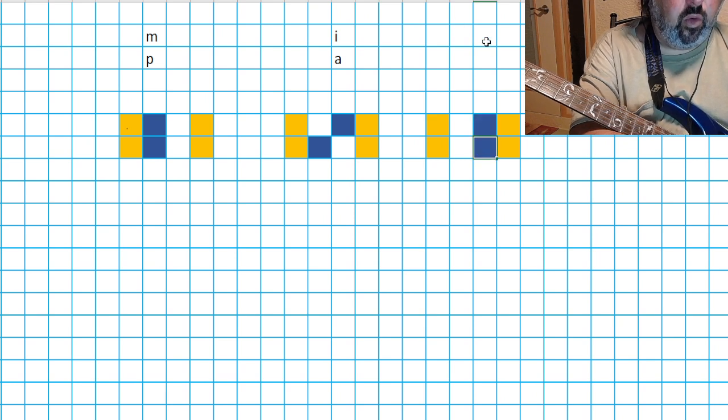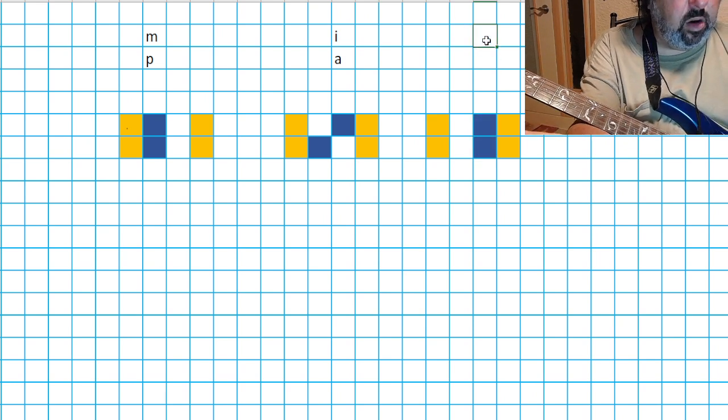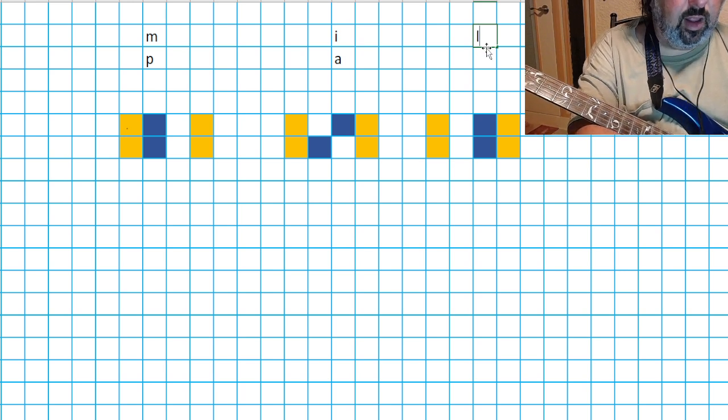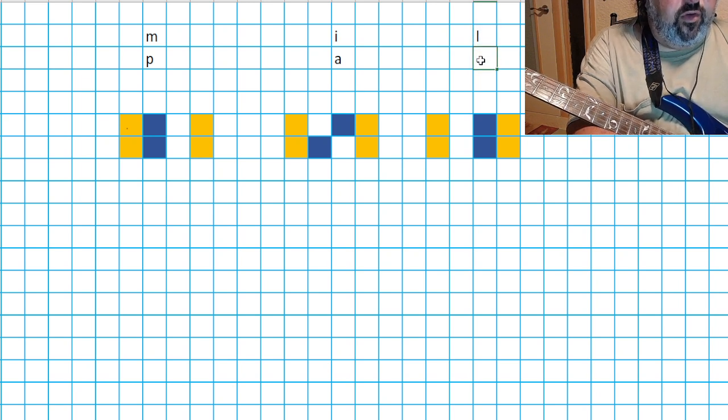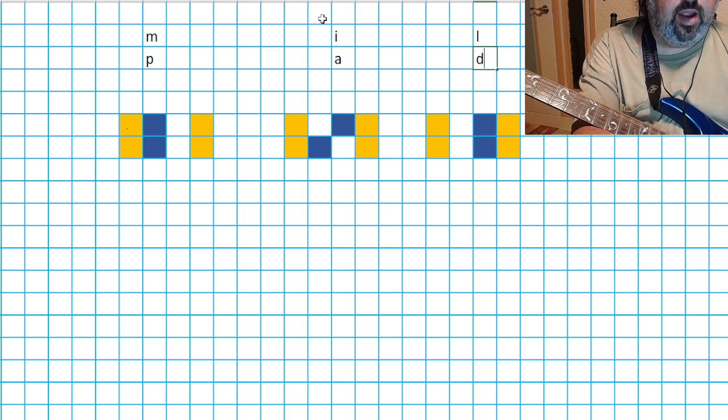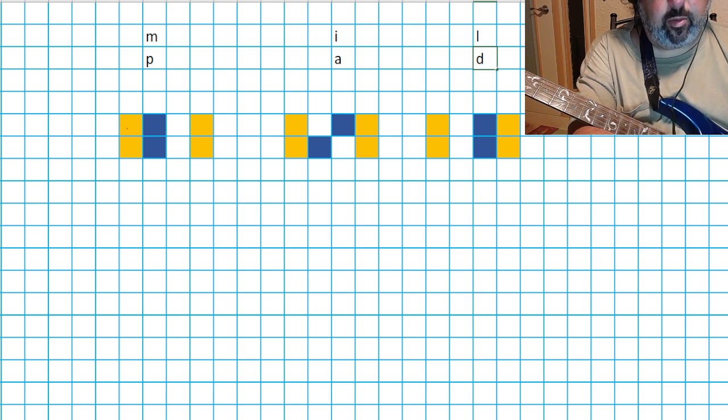And this would be the lighter version of Ionian, and if you said Lydian, you would be correct. And the lighter version of minor, if you said Dorian, you would be correct. And just like we showed here, M and P, I and A, L and D. Remember that.